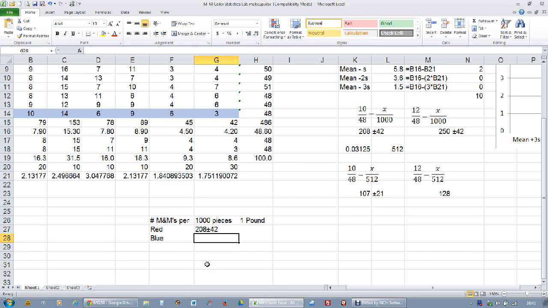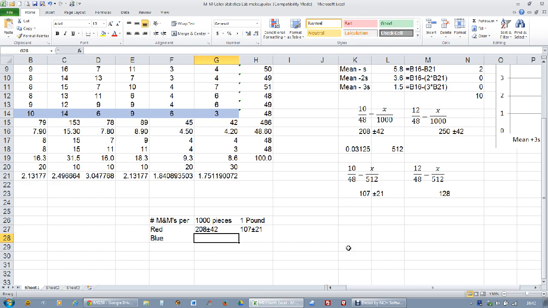If you hold down the Alt button, and while holding it down, you type in 0177 on your number pad, let go of the Alt button, and it shows up. Per pound of candy, 107 Alt 0177 21.